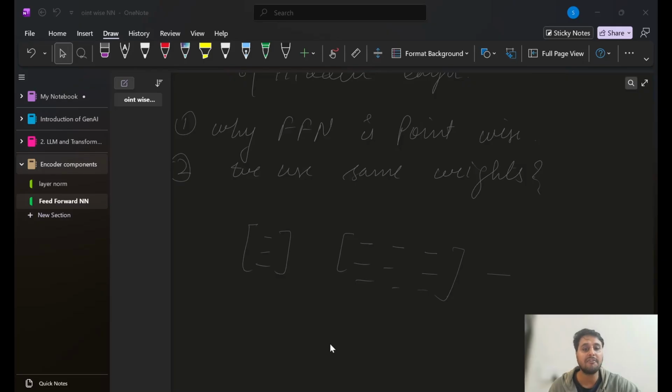So the same weights for all tokens is the design. And one last thing, why sharing weights is good: the model learns a universal transformation that works for any token vector. The transformer shares FFN weights across all tokens. It makes the model smaller, faster, more stable, and better at generalization.